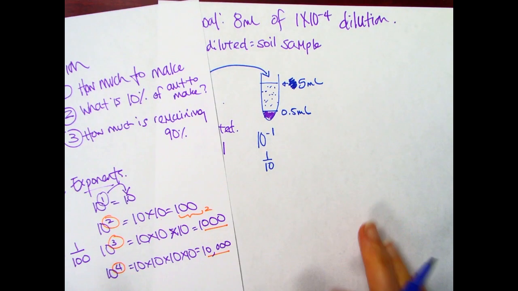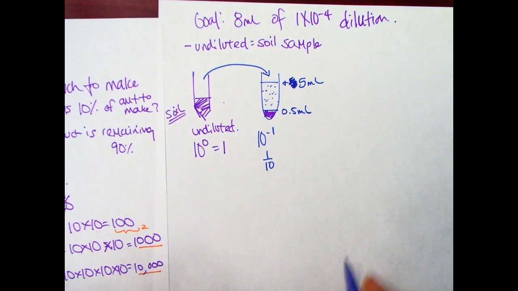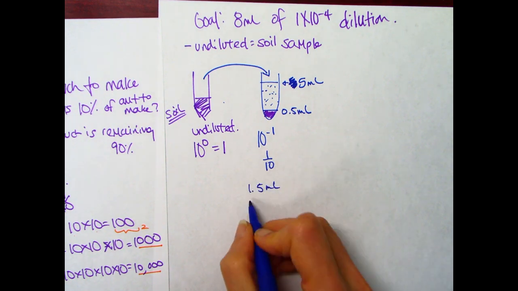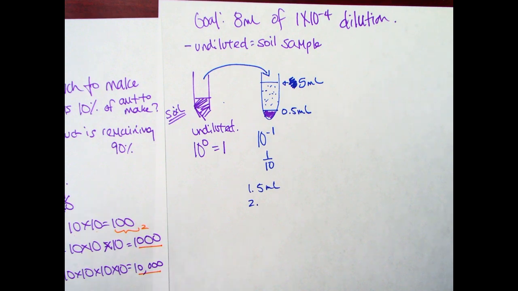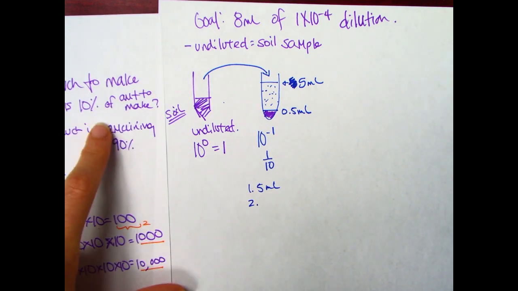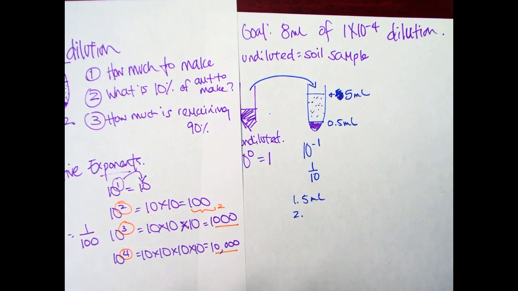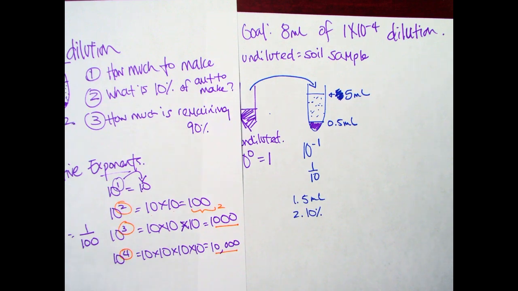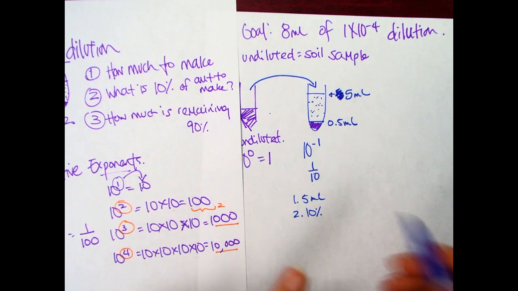So from over here, our first step is how much to make. So we're making 5 mils. Because every time we're doing 1/10 dilutions, our second step is what is 1/10 or 10% of the amount that we're making. 10%, if you are familiar with algebra, of is always times.